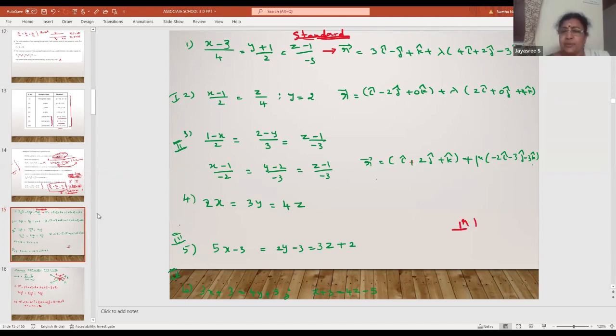Even that we can frame, but lambda will not come as a constant, it comes as a fraction, and we make the sum complicated. Only for the foot of the perpendicular do I take the question from the reference book. For the remaining concepts, I take the questions from the children and proceed with that.